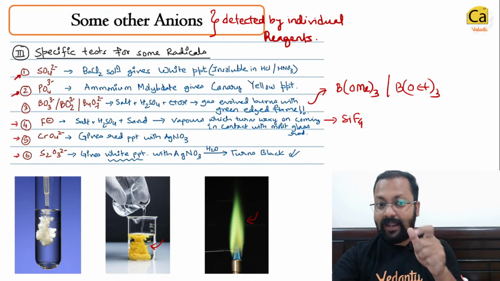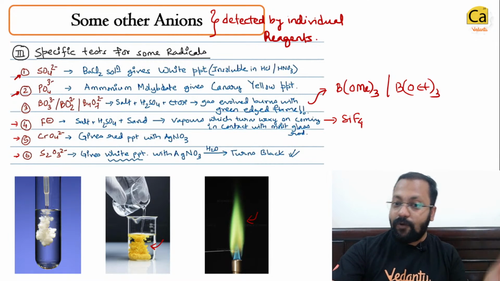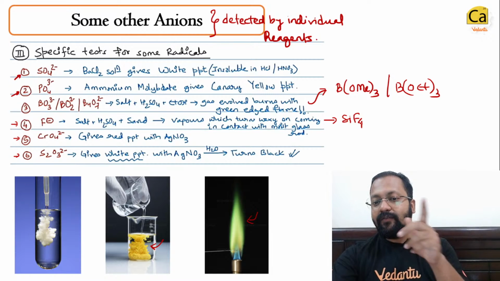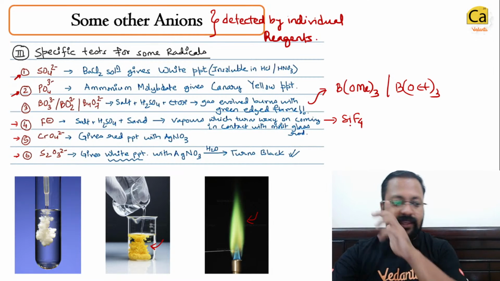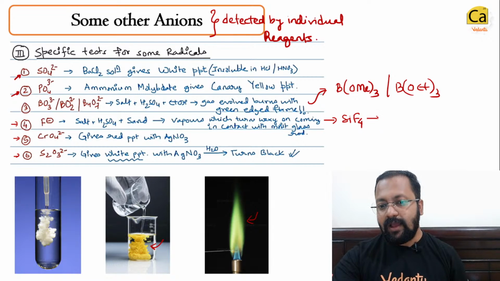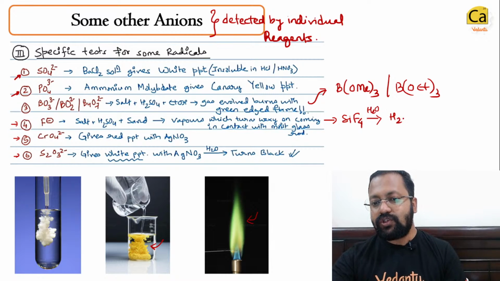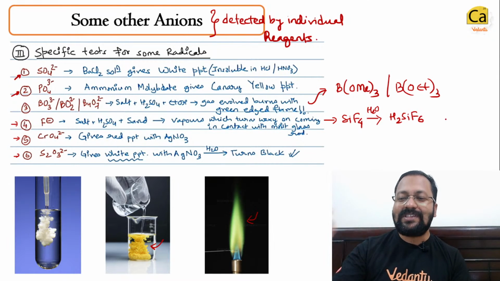Salt, sand ले रहे हो. Sand में क्या present रहता है? Silica. So silica will react with the fluoride and fluoride will turn it into SiF4. Okay, SiF4 will combine with H2O and it will turn into H2SiF6, hydrofluorosilicic acid.